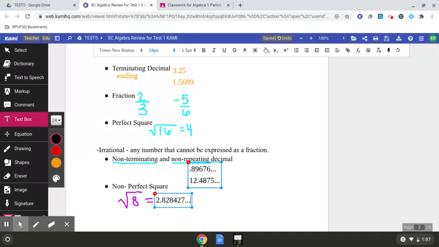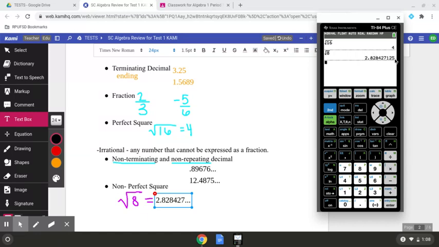But if it fills the screen as it's doing here, you have to understand that it just can't fit any more. It can't fit more than 10 digits. So it's going to fill up the screen. You're not going to see repetition. And that's how you would determine that it's a non-terminating and non-repeating decimal, which therefore is irrational.